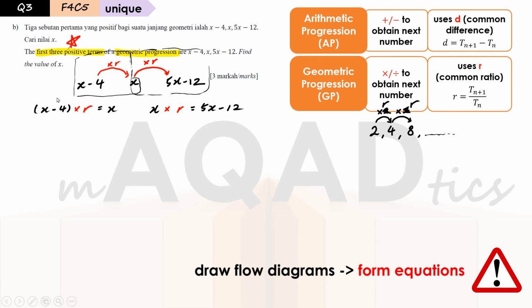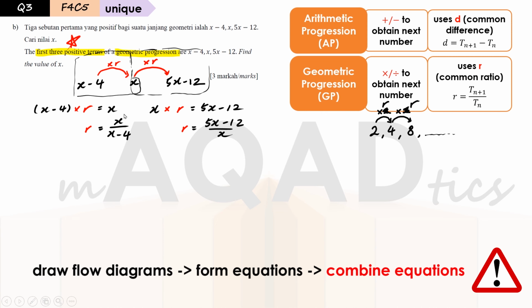For these two values, x minus 4 and x, once we move, it will be divided. Since both of them have r, I can equate the values of these two equations to form an equation, which is something like this. Same exact technique as in part A.